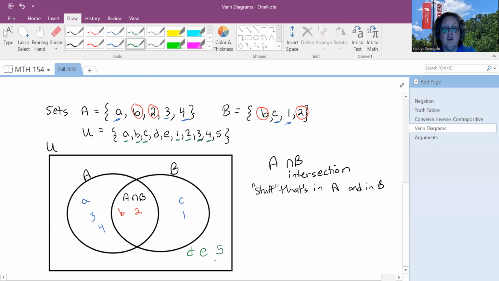So 5 is down here in the universe. So this is a way to look at the Venn diagram and see what's overlapping and what's in both of them.